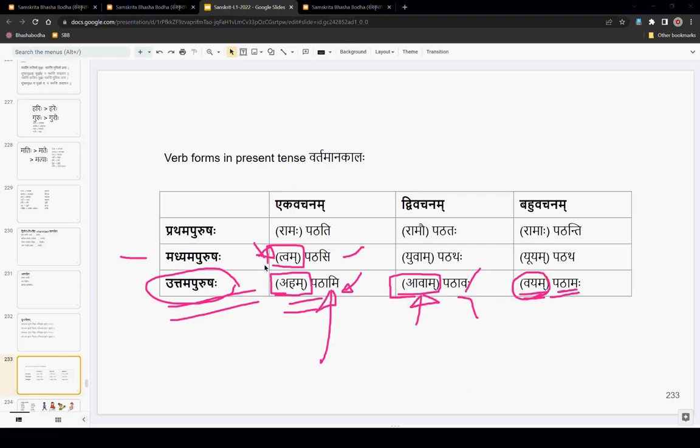Then in that case, the Madhyama Purusha form of Kriyapadam is used. It should be in the Ekavachana Tvam, in Dvivachana Yuvam, Bahuvachana Yuyam. Okay. So in these two cases, if the word is Aham, Tvam, Uttama Purusha, Madhyama Purusha are used like this. And for all other words, if they are the Kartrupadam, then the Prathama Purusha forms of Kriyapadam is used.